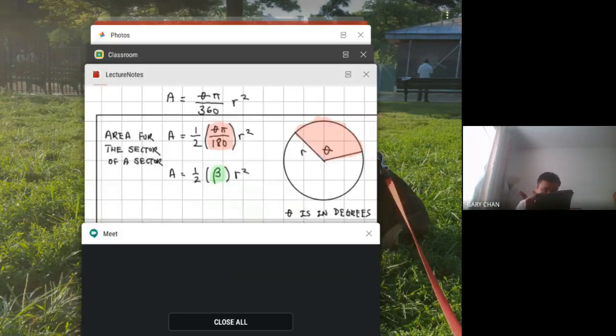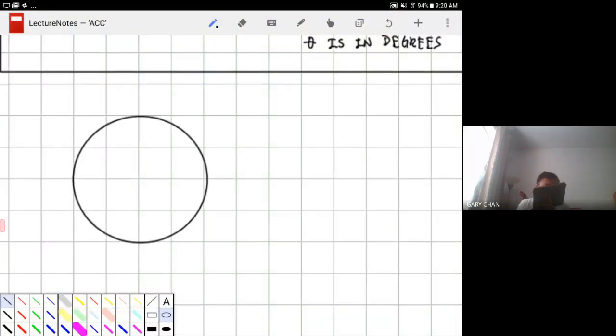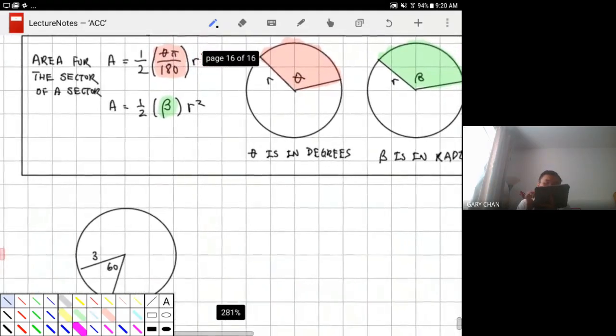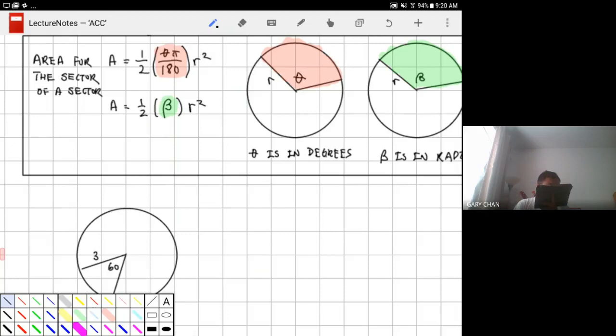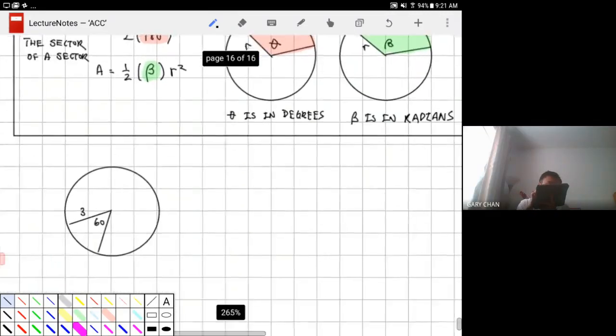So I'm dealing with a circle with 60 degrees, and the radius is 3. Which formula am I going to use, the first or the second, guys? The first. I'm going to use the first one.